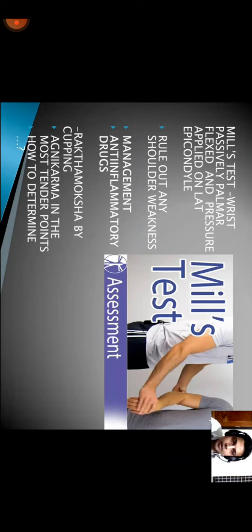One important point is to rule out any shoulder weakness in a patient complaining of tennis elbow, because shoulder weakness causes further load on the extensor compartment muscles of the forearm, thus leading to tennis elbow.